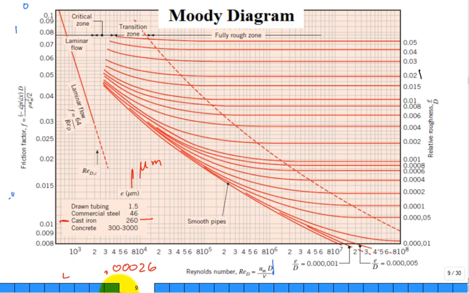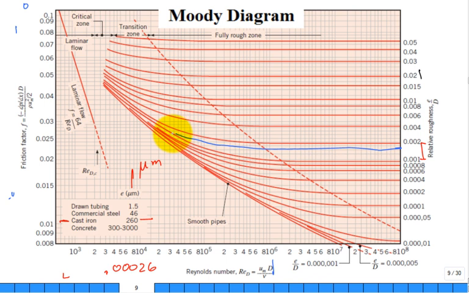Where is 0.00173? Between this one and that one, right? So we have to do a visual interpolation. Maybe I just put it right there and kind of draw it. Yep, got off on the wrong one.